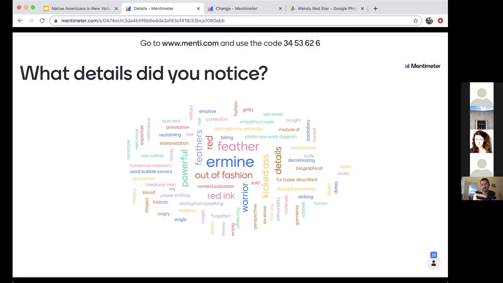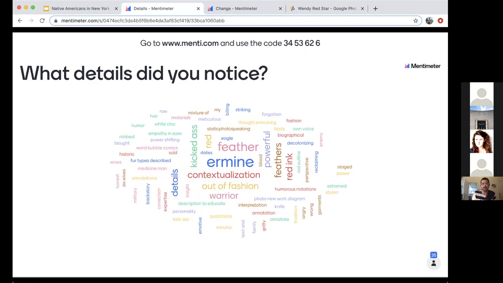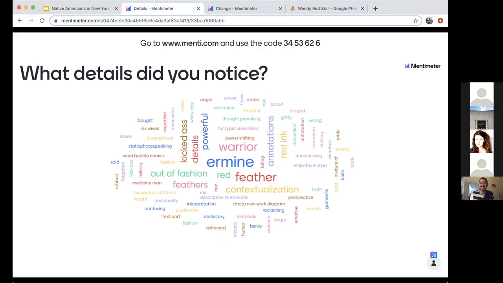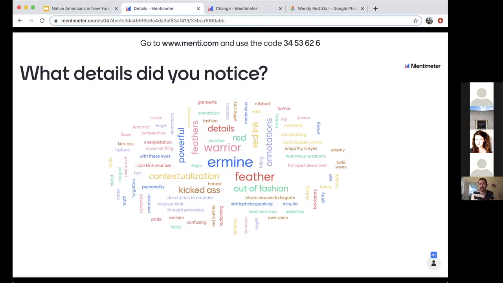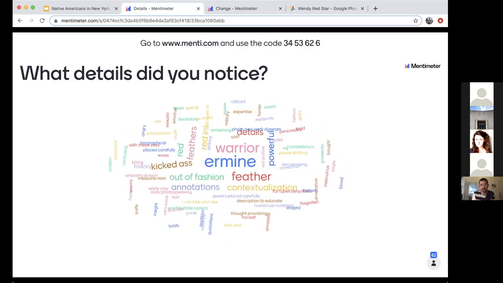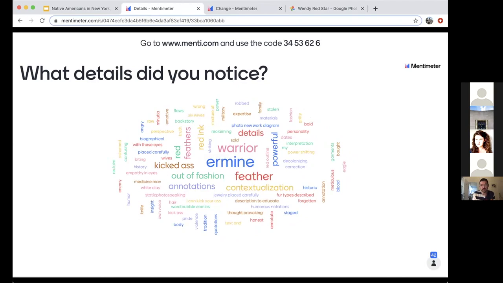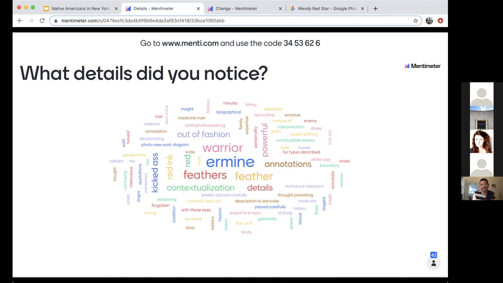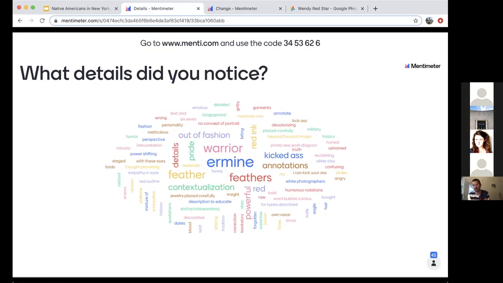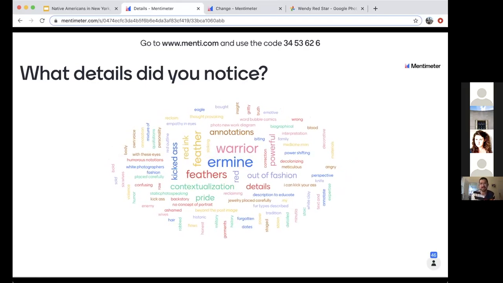So I see a few things that are starting to rise to the top. Ermine, I may be pronouncing that wrong, but that's a material that Wendy Red Star has labeled. Warrior, feather, powerful. I see "kicked ass" is on there. I will say that if you show these works to students, they will always find that quote, the one part where she uses that phrase.